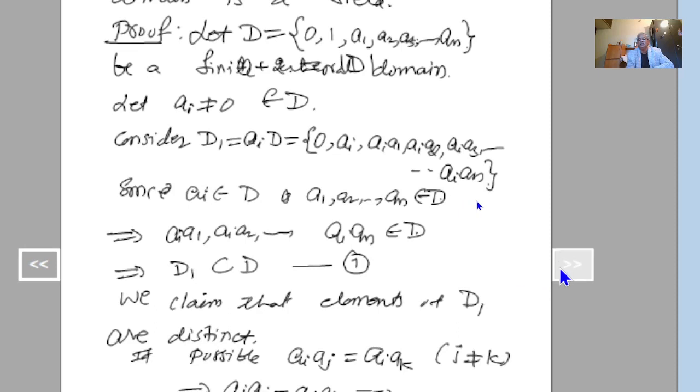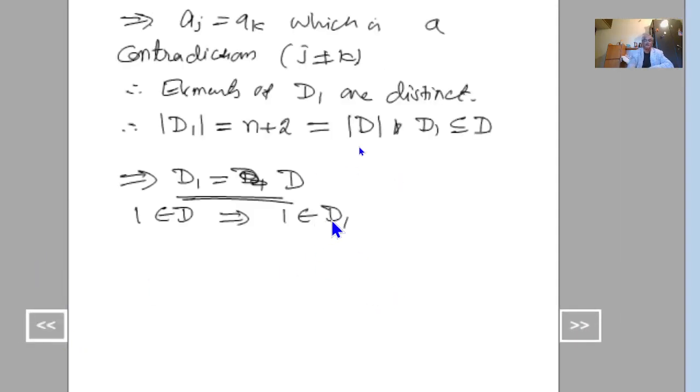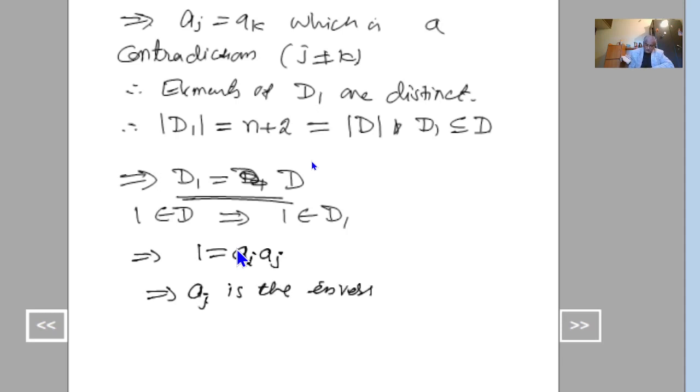So 1 belongs to D1 implies 1 must be of the form AI into some element, say AJ. So I am getting here AI into AJ equal to unity, means AJ is the inverse of AI. So that is AI is invertible.